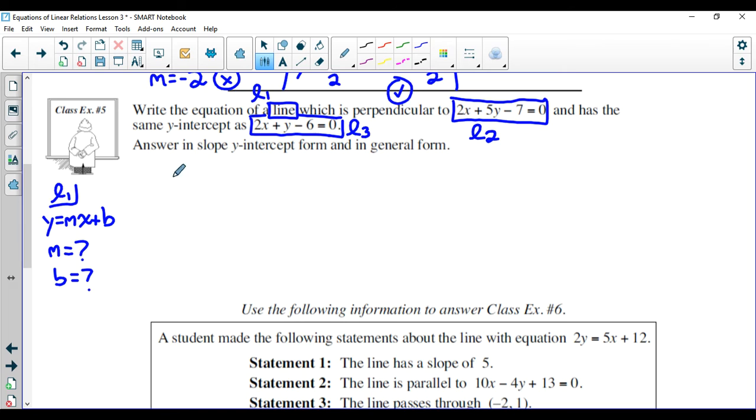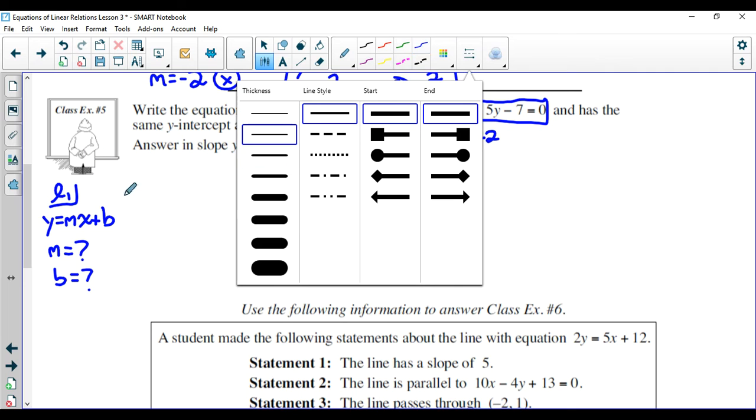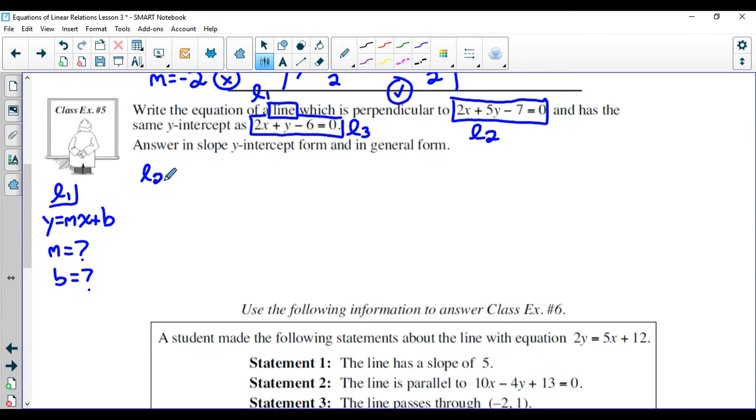So we're going to start off by taking line 2 and calculating its slope, and then its perpendicular slope would be the slope of this line right here. Okay, so let's start off with line 2. I'm going to do it a little more to the left, otherwise I'm going to run out of space.